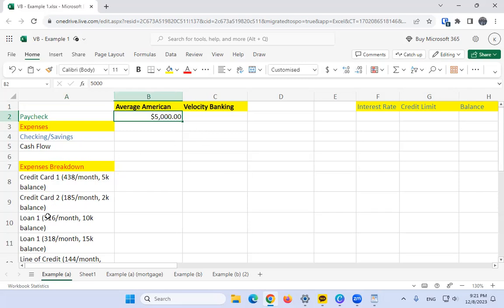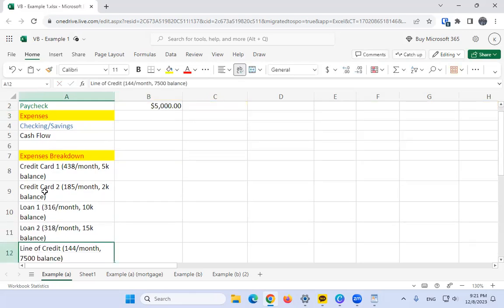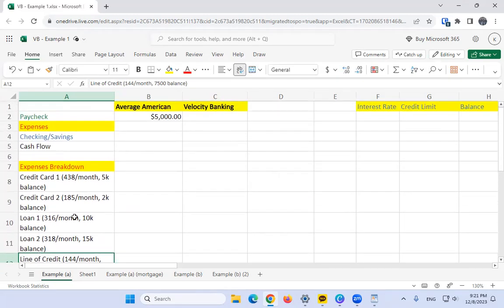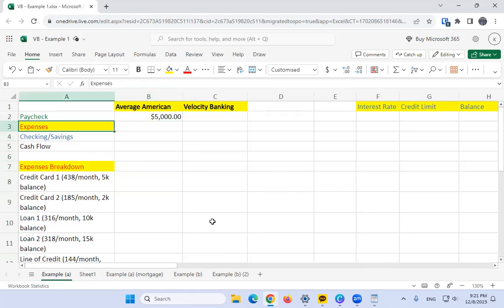And this person has several debts, right? Loan 2, and a line of credit at 10K, and we have to pay some rent and the food, other insurance, gas, right? So let's go ahead and add these up. I've already transferred this information ready. Here's the thing: when you do your expenses, you always have to have an expense breakdown.